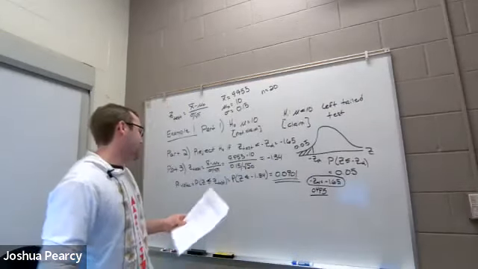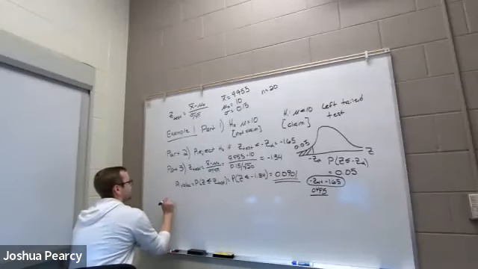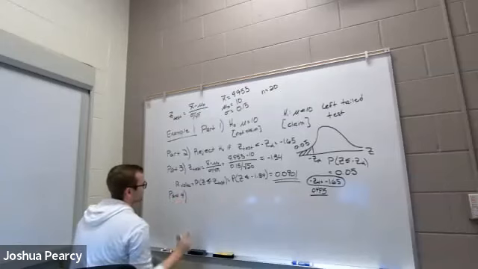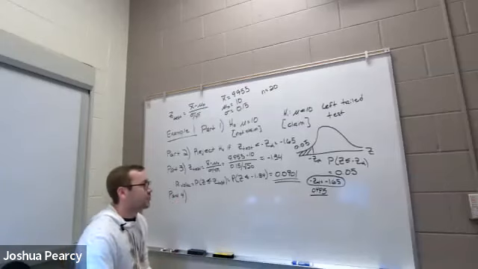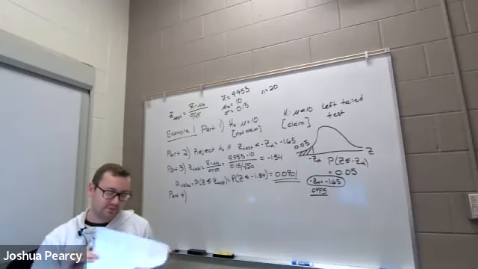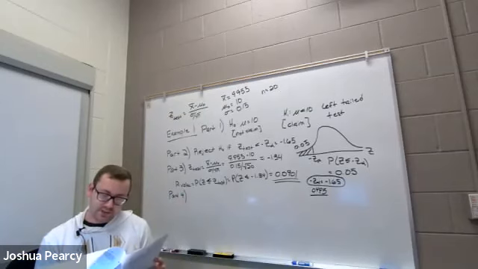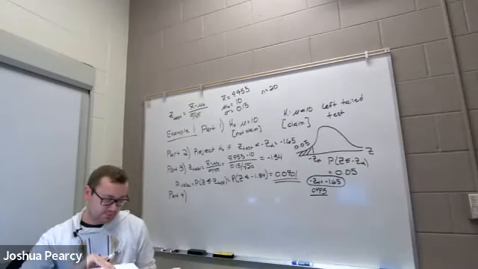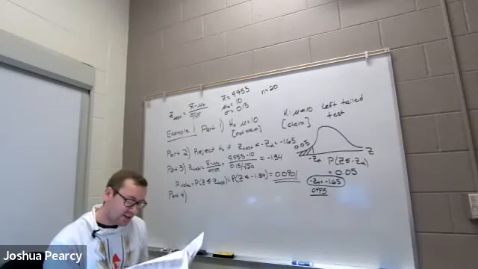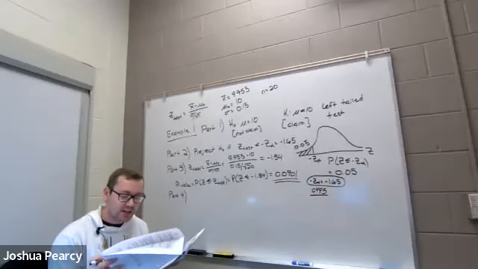And part 4, reach a conclusion and make an interpretation. Then, what did your conclusion need to have? I'm trying to remember where we put it. Here it is. Statement regarding your decision about the null hypothesis. So that's the first part, whether we reject or fail to reject.